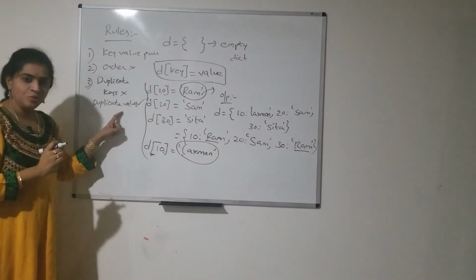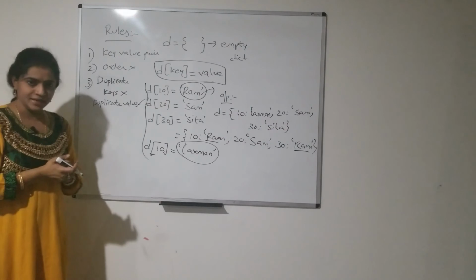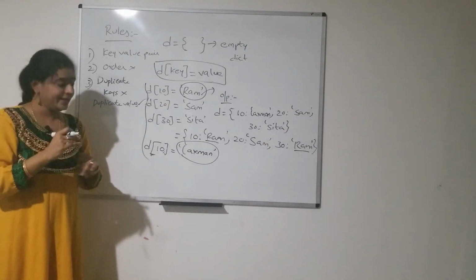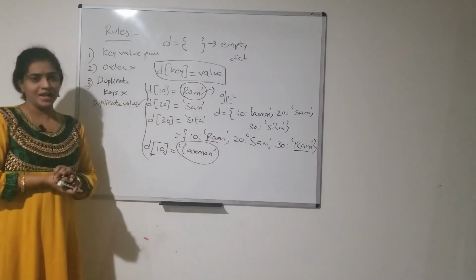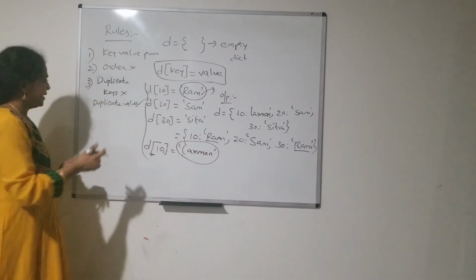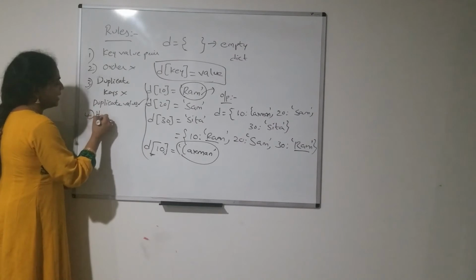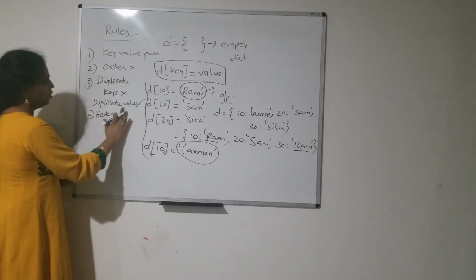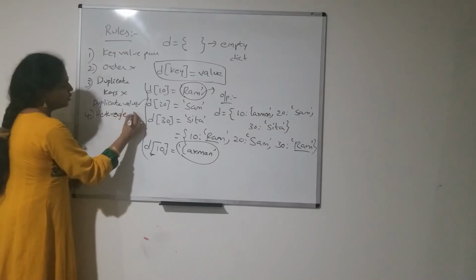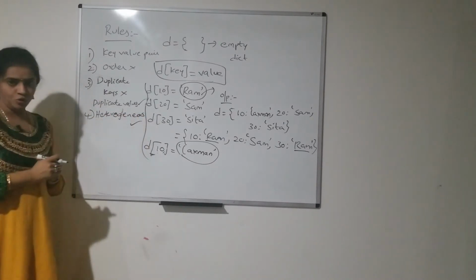My value can be duplicate, but the keys should not be duplicate. Suppose if you take duplicate keys, what happens? The previous value will be replaced with the new value. Okay. Next, heterogeneous data types are allowed for both keys and values. Heterogeneous data types are allowed.